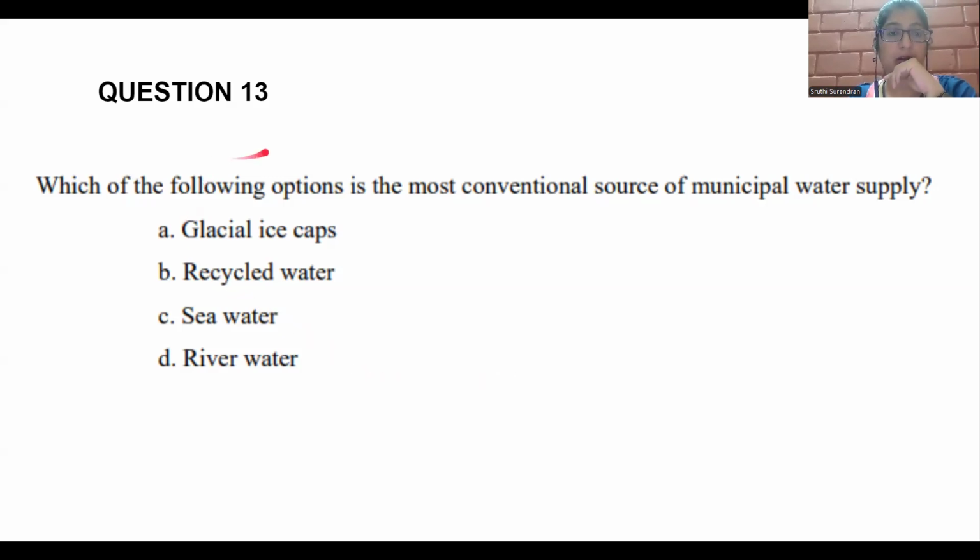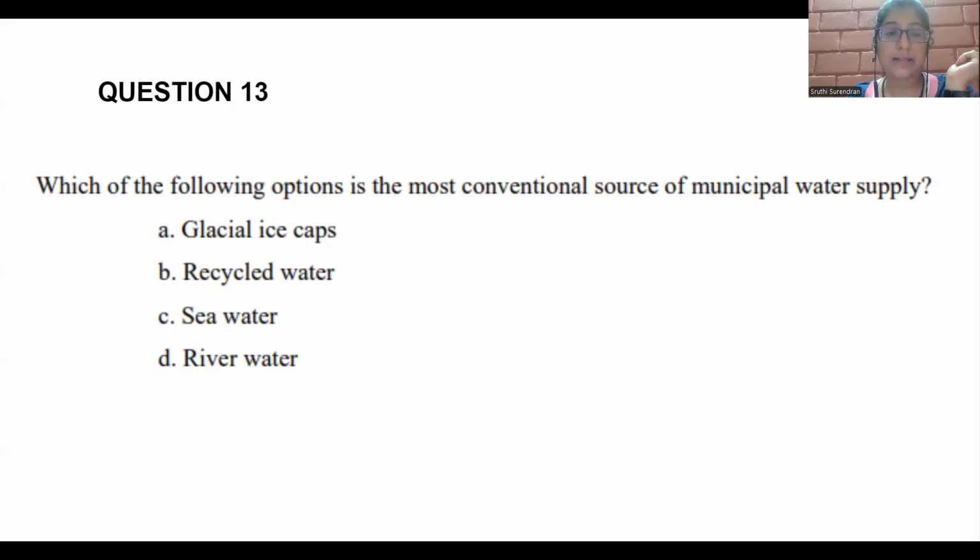Pretty obvious. We don't get our water in the houses from glacial ice caps. Neither is it recycled water that we get as water supply, probably for gardening and all. Seawater again is not an option. So the only option is river water.